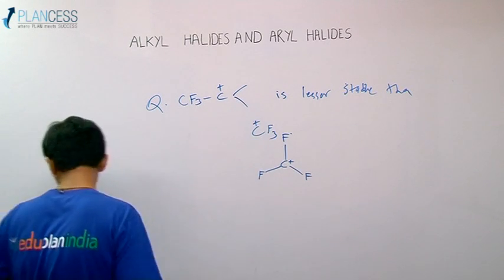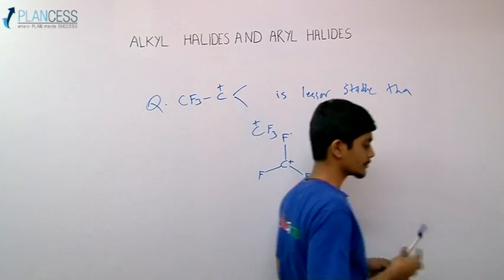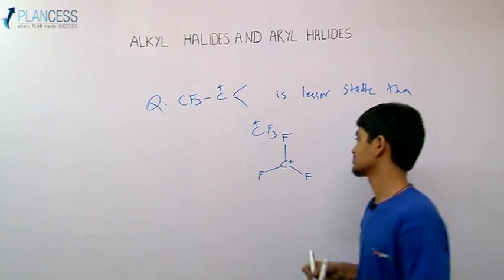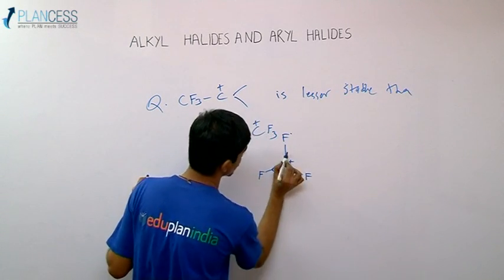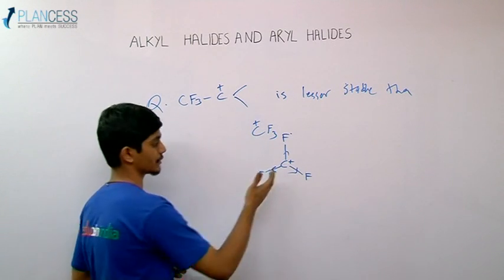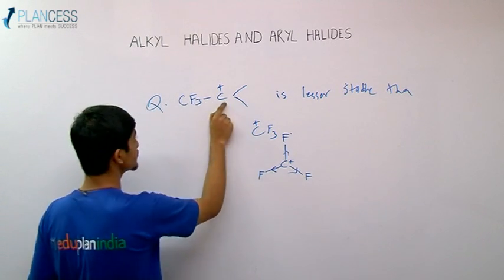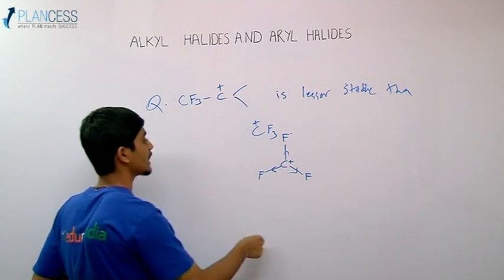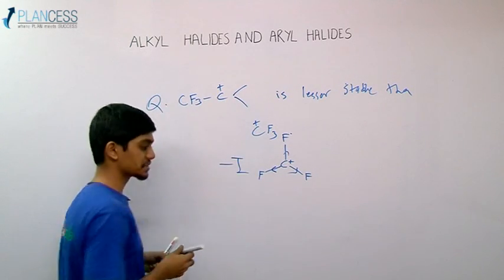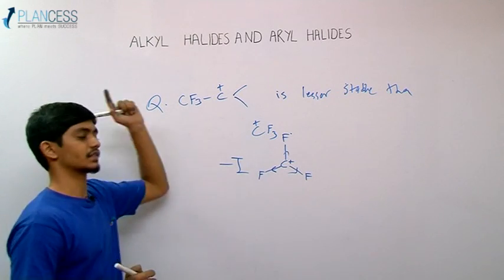Now you have to tell me what is the reason why this structure is more stable than this structure. There is so much inductive effect, and we know that inductive effect increases as the carbon comes closer. That means here the inductive effect is actually less, and here the negative inductive effect is actually more. But still this is more stable than this.